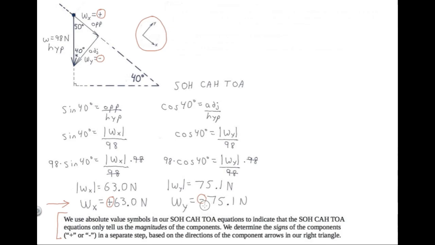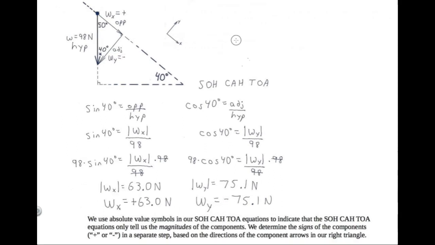If we leave out the negative sign for W sub y, we're going to get the problem wrong. So remember that I recommend that you include a plus sign in front of positive components, like W sub x, because that will help you to notice when you need a negative sign in front of negative components, like W sub y.